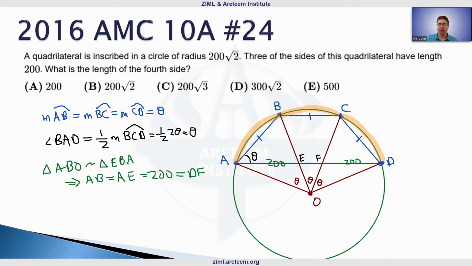So the final question then comes with EF in that scenario, right? And so we want to figure out here, what can we say about triangle OEF, right? Well, notice that that is also a similar triangle there, right?